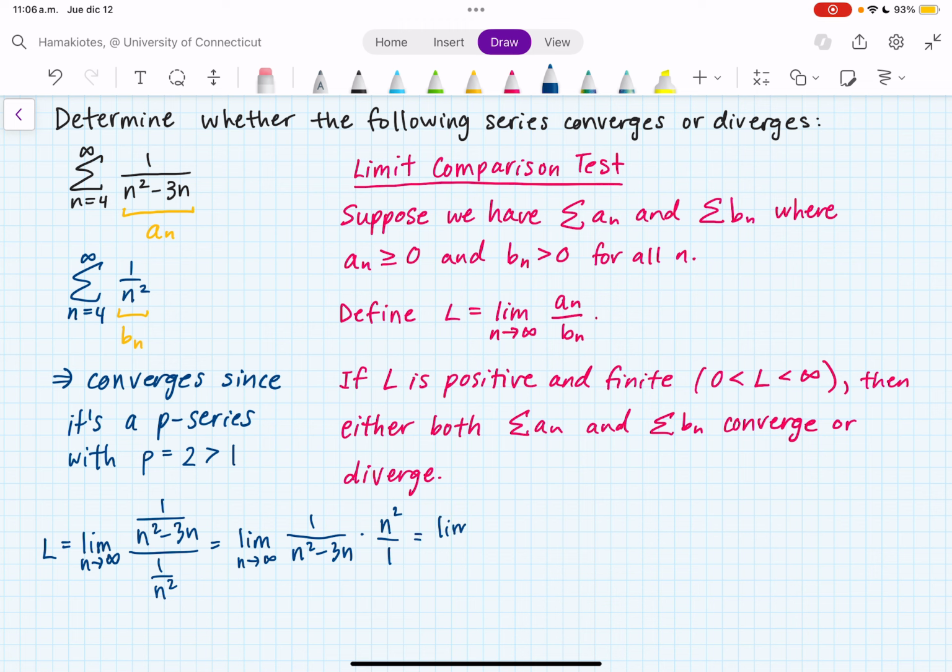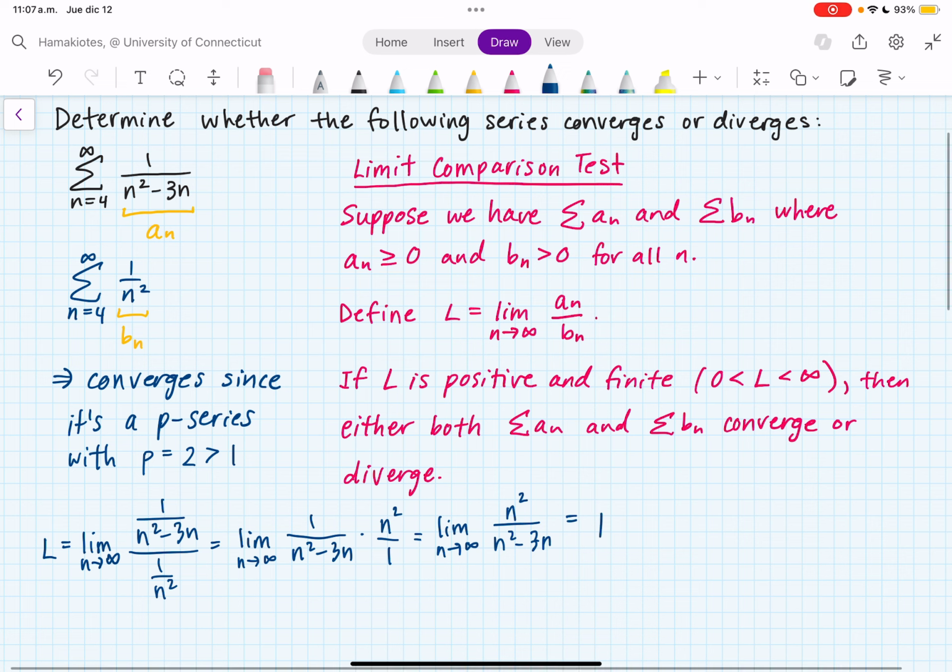So this is the limit as n approaches infinity of n squared over n squared minus 3n. And so here, the highest degree term we have is n squared in the numerator and denominator, and the coefficient is 1, so we get that this limit equals 1.